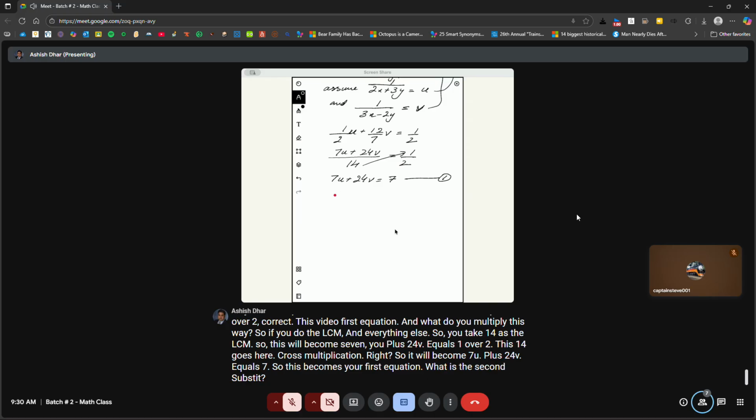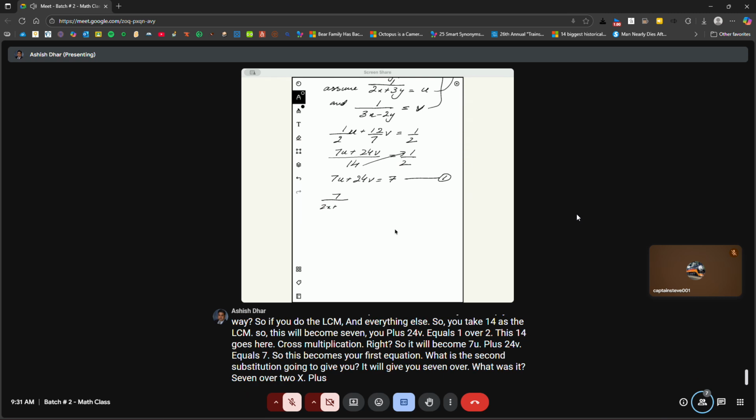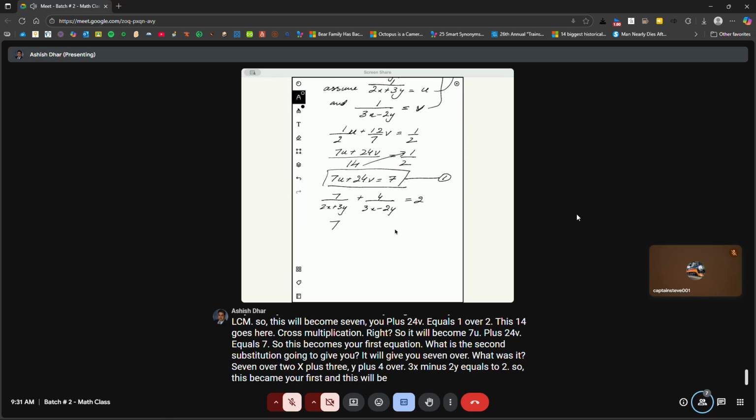What is the second substitution going to give you? It will give you 7 over 2x plus 3y plus 4 over 3x minus 2y equals 2. This will become 7u plus 4v equals 2.